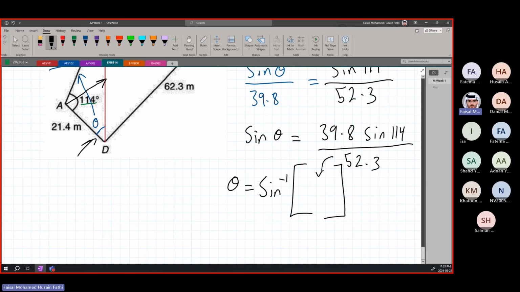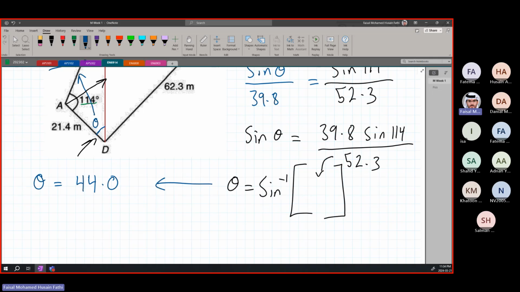So sine inverse of 39.8 times sine 114 divided by 52.3. This is going to be equal to theta over here. Theta is going to be equal to 44.04 degrees. All right, make sure your calculator is in degrees.